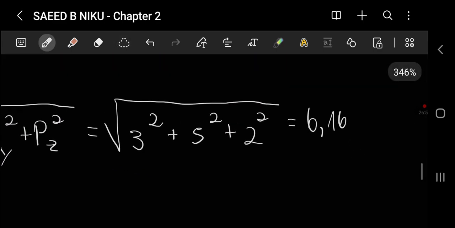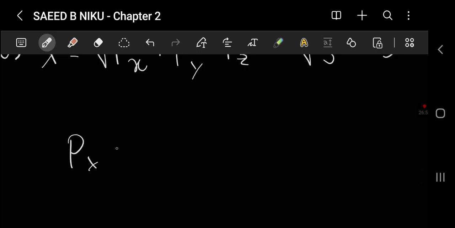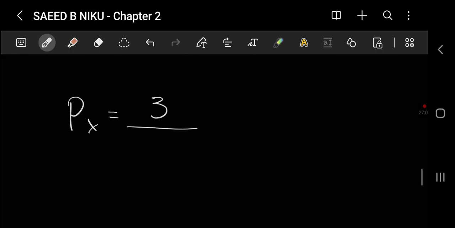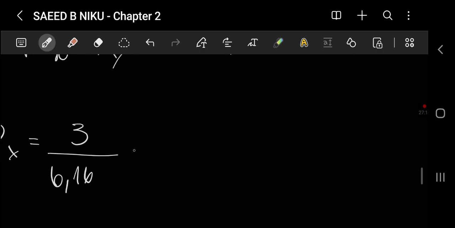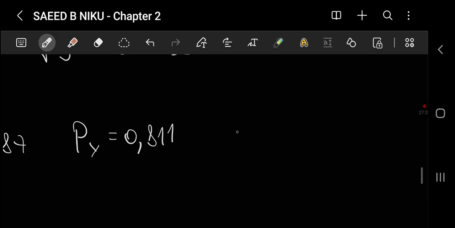We are not finished yet. We are in the process of normalizing this vector, and now to normalize, for each component, px is equal to the value of px divided by the value of lambda that we just got. So by is n px.